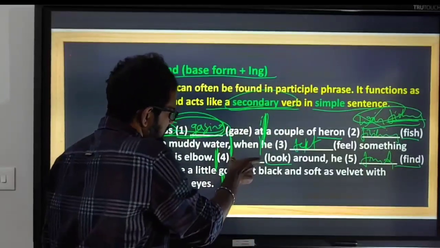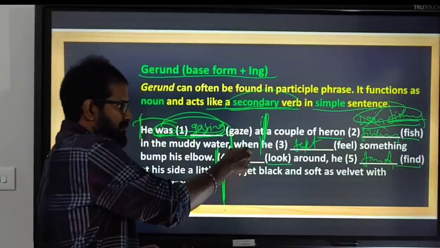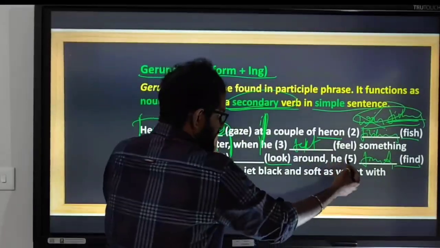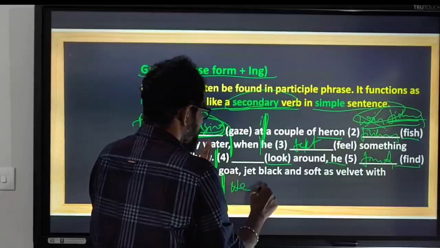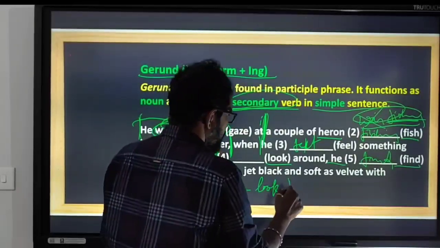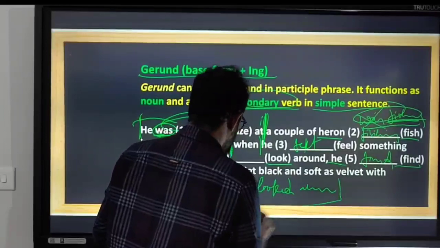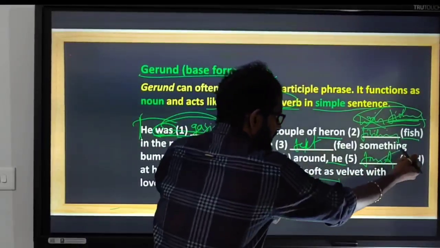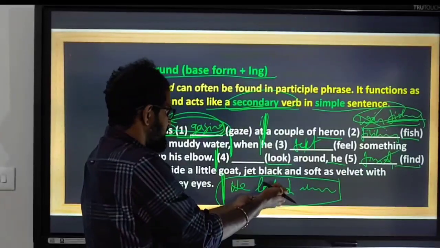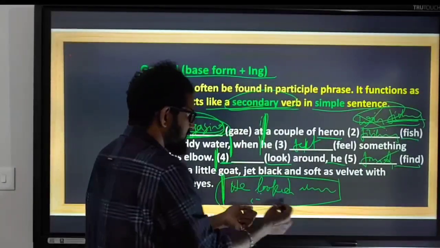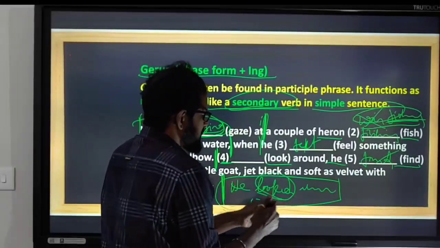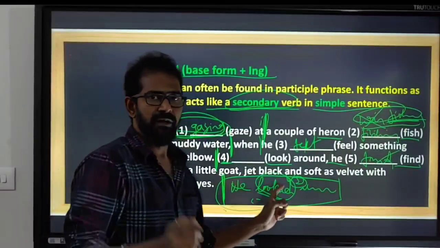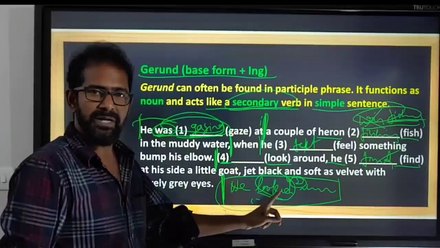And now we need to decide whether it should be filled with the present participle or past participle. Now just take he again as a subject. He looked around. This is of course a simple sentence. He looked around. But we don't want a simple sentence. We already have a main verb, so we don't want a simple sentence again. And there is no subject here. So we take only looked. Now looked is V2. I told you, if the verb is V1 or V2, then we go for the present participle.